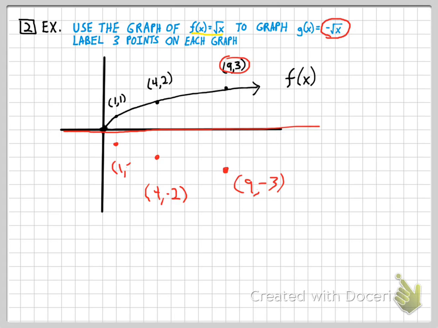What we're going to get in the habit of doing with these transformations is keeping track of a couple points. You should be able to generate points on the original function pretty easily. Those are common functions you should be familiar with. Then simply think about what happens when the points are changed. In this case, they're all reflections through the x-axis, and our g of x function will be the red function down here.